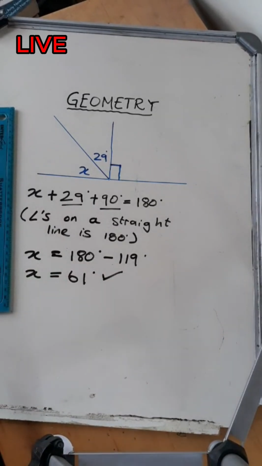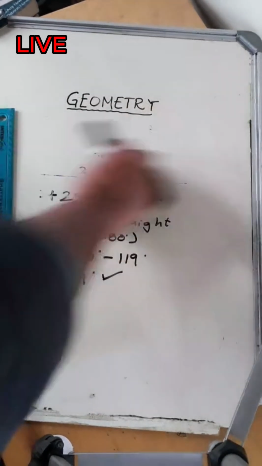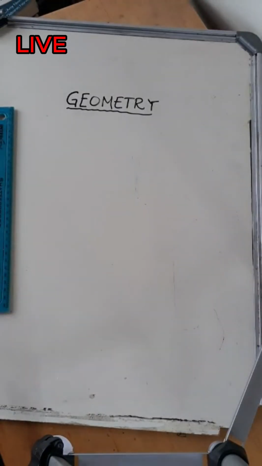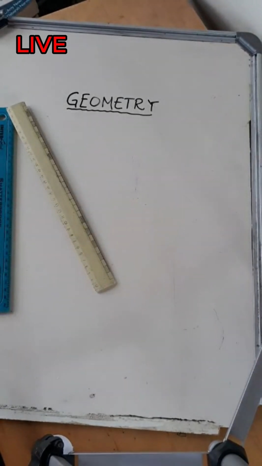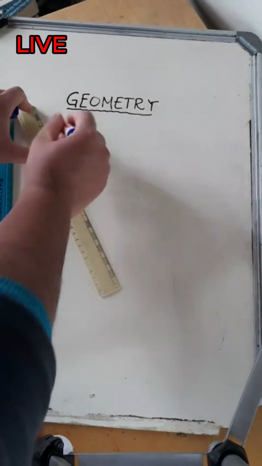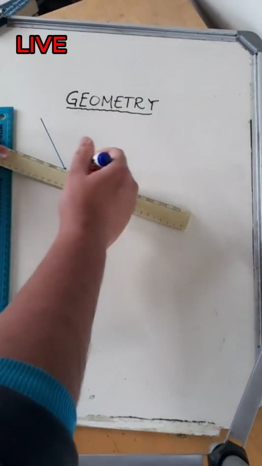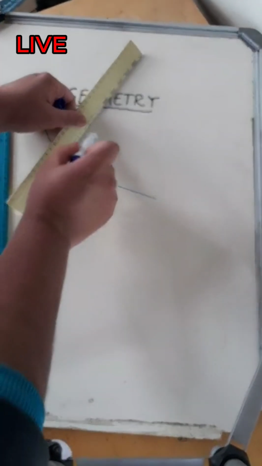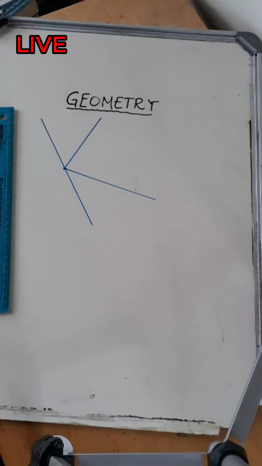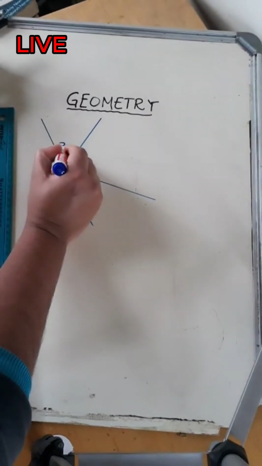Let's look at our third example. This was example number 2. This is 2y.